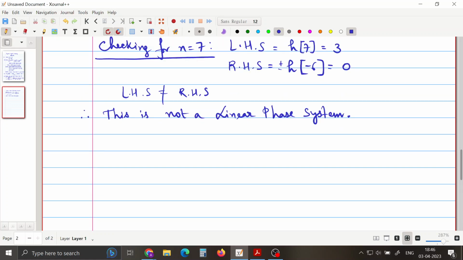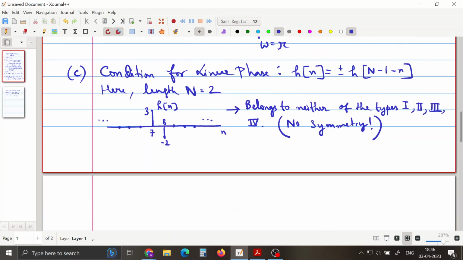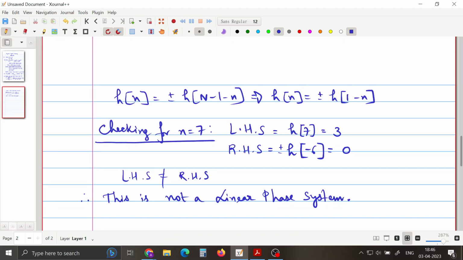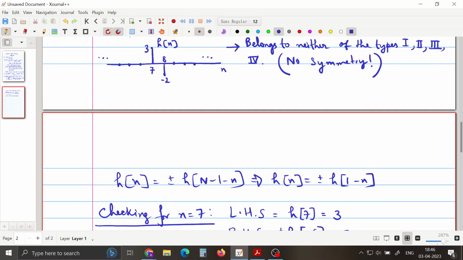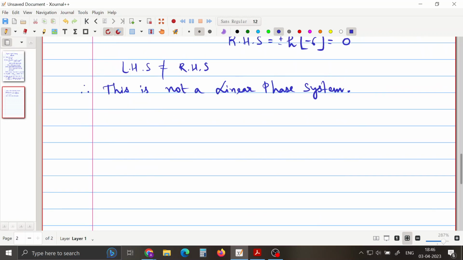And actually, if you also want to verify it algebraically, let's do that, if you're still not convinced.